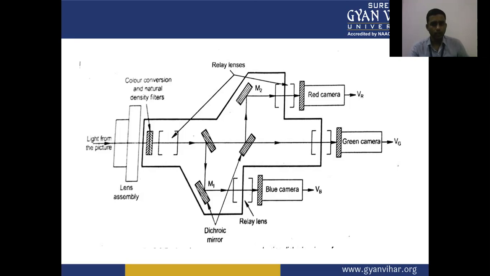We have the outputs of the relay lens, that is the red camera, green camera, and blue camera. So three primary colors are developed at the output of the light source.